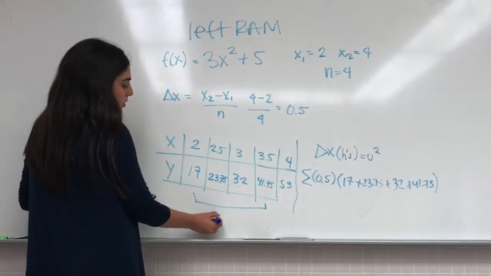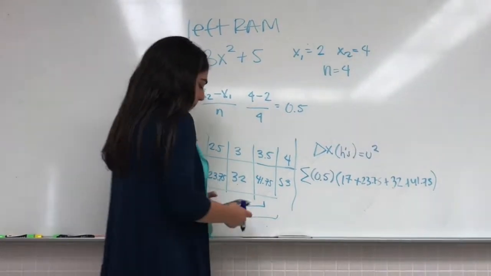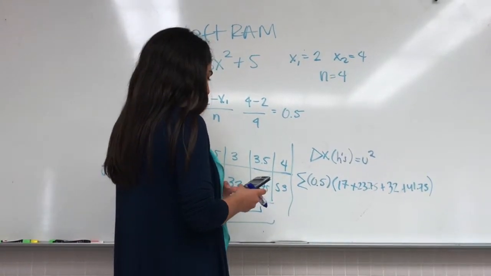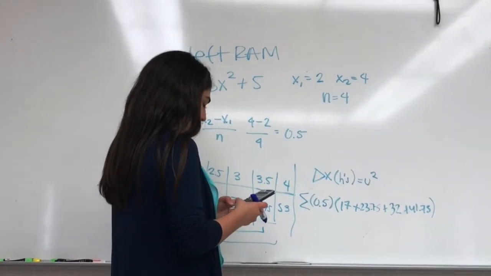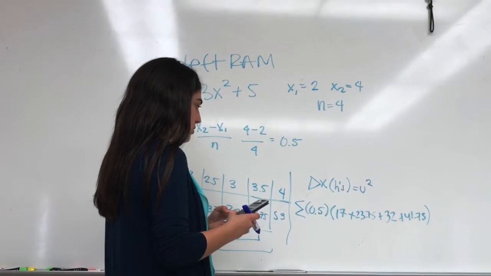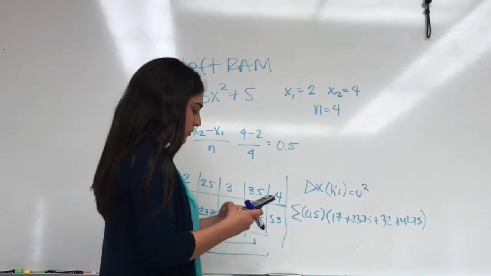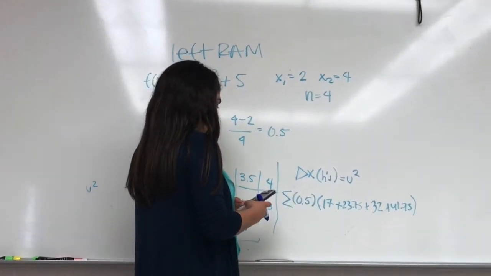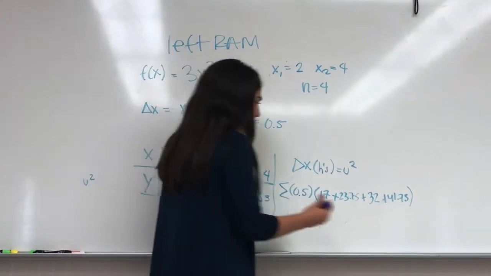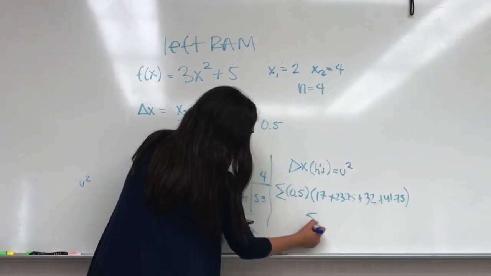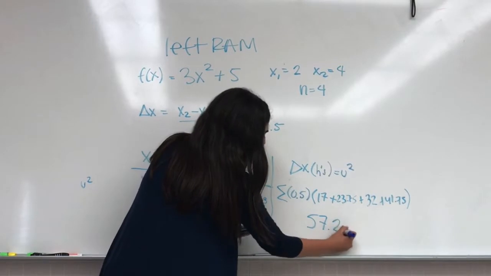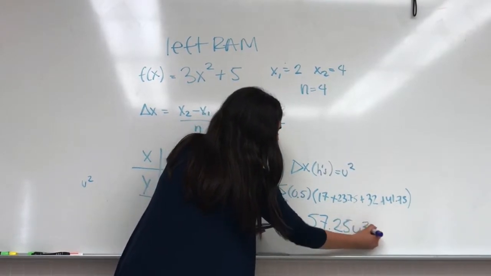The right RAM will be on these. So we do the multiplication, and the result is 57.25 units squared.